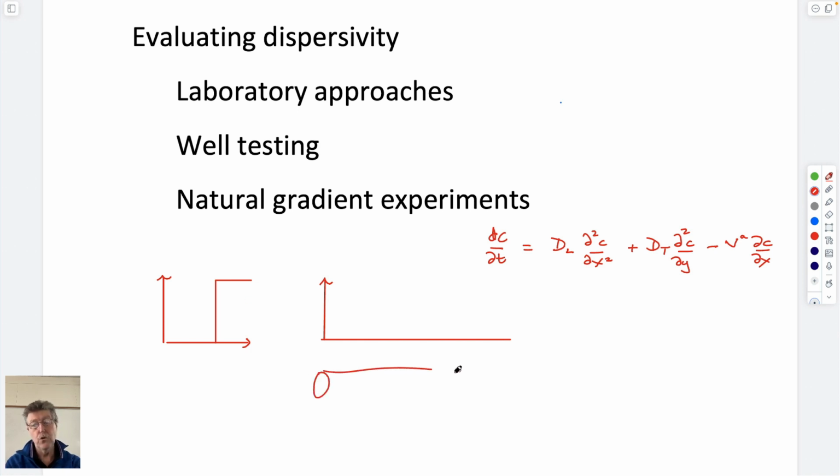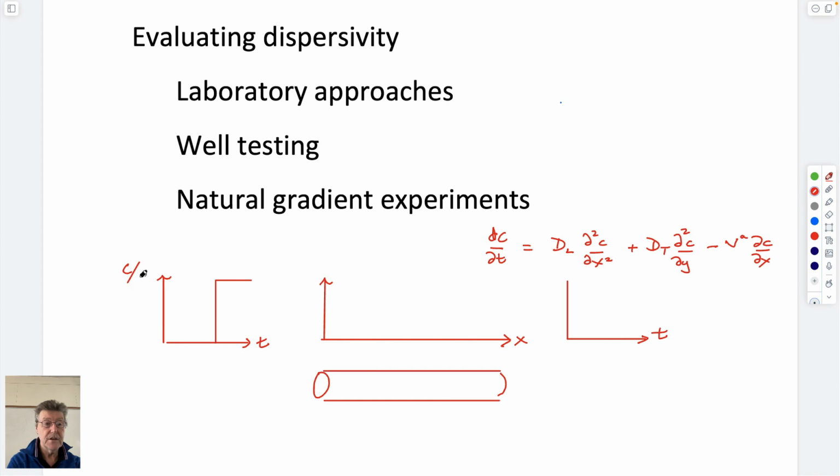This is our core, if you think of it that way. I should probably copy it from what we've done before. This is x, and this is the RTD curve as it comes out. So this is time, this is time, this is length, this is relative concentration in all of them. So this is 1.